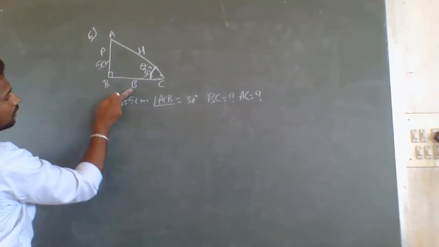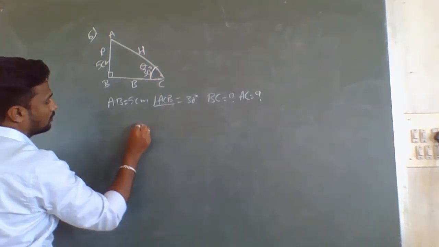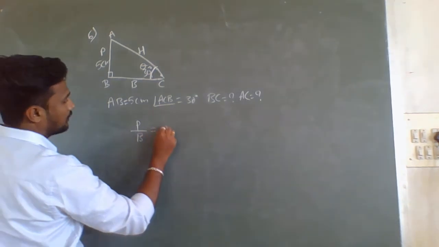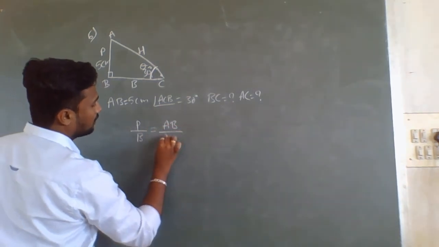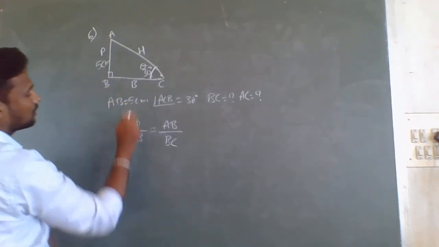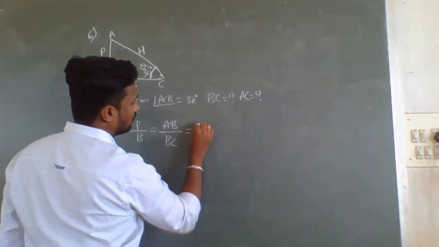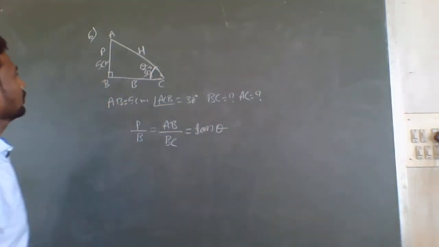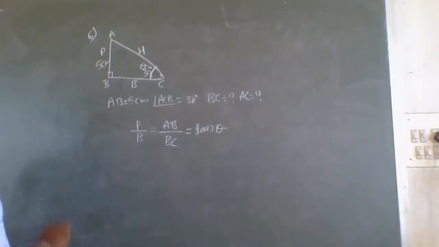So perpendicular by base, or I will consider this as AB by BC. Here you can see AB by BC equals tan theta. Always perpendicular by base equals, you know that, tan theta.